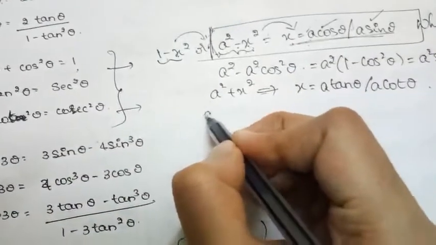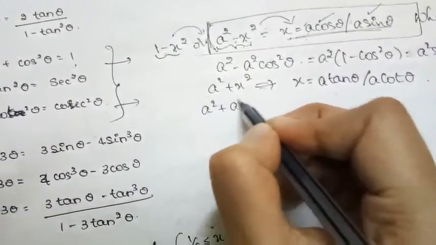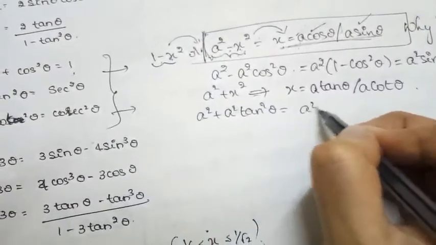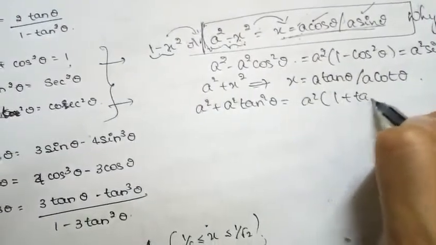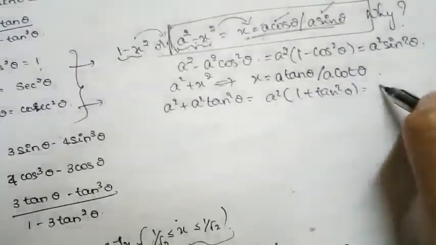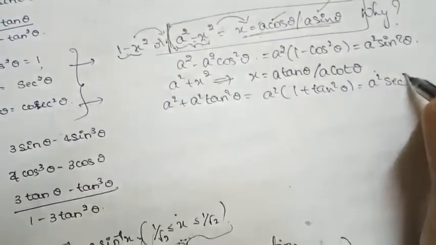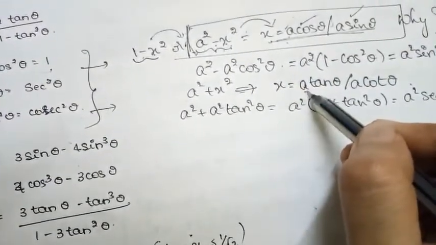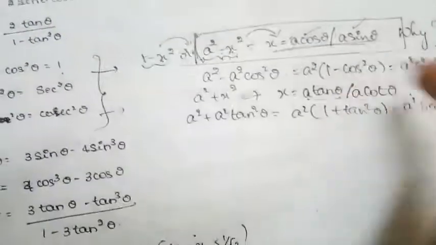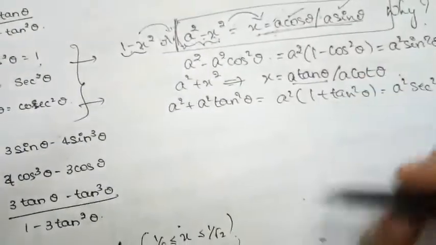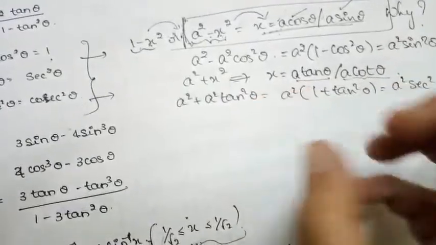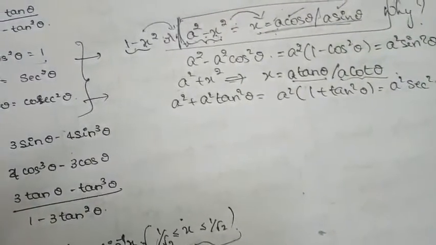So at that time what happens? a square plus a square tan square theta. If I take a square common outside, 1 plus tan square theta, which is nothing but secant square theta. So the question might require x is equal to a tan theta to get simplification, or some other question might require a cot theta, so that the simplification becomes even much easier.